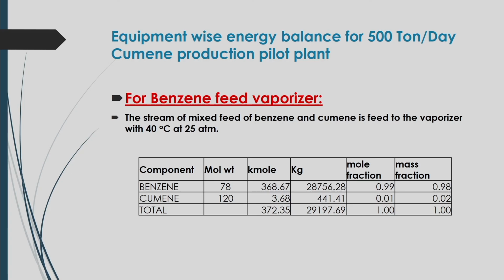Now, the stream of mixed feed of benzene and cumene is fed to the vaporizer at 40 degrees Celsius and 25 atmospheric pressure.